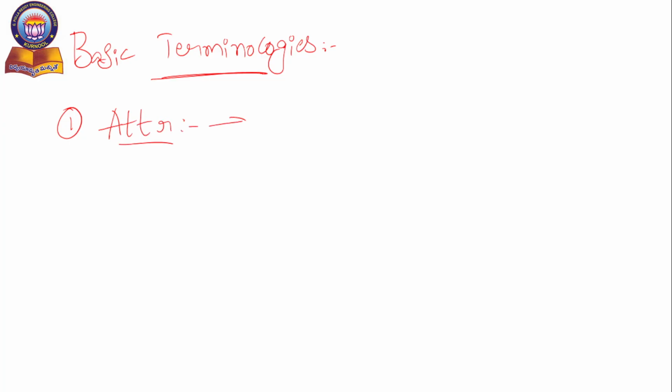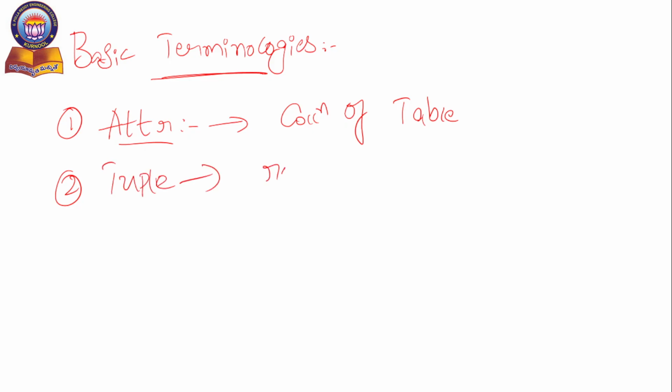An attribute is a column of a table. Second one, tuple. A tuple is nothing but a row. A table contains rows and columns. In a relational model, what we call a row is a tuple.